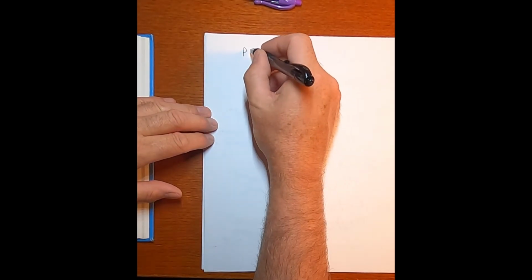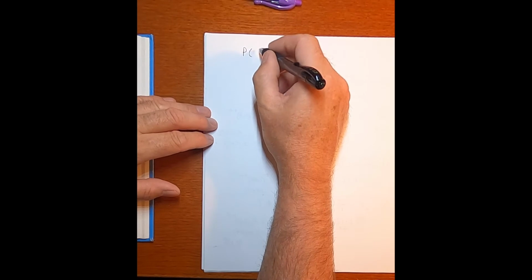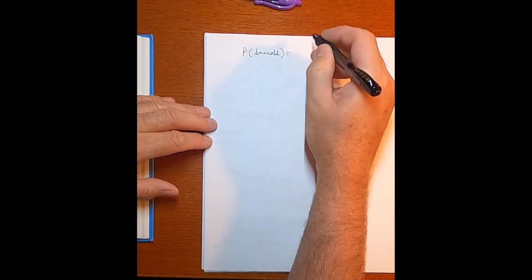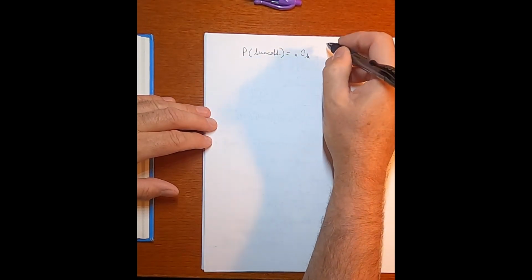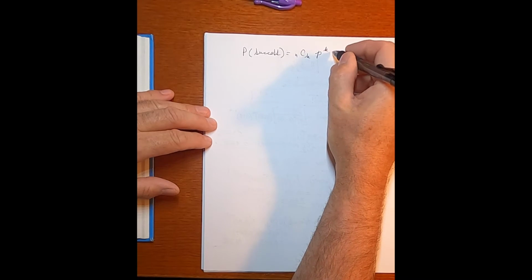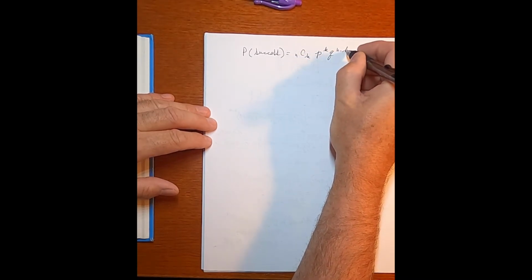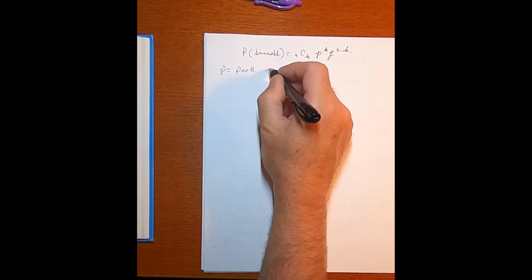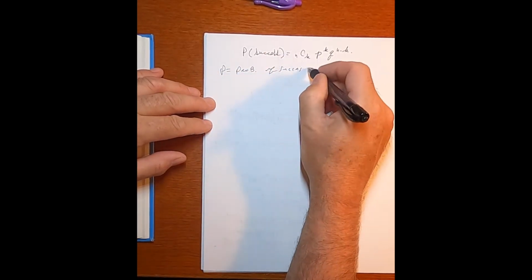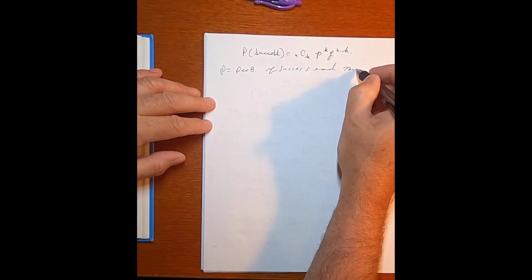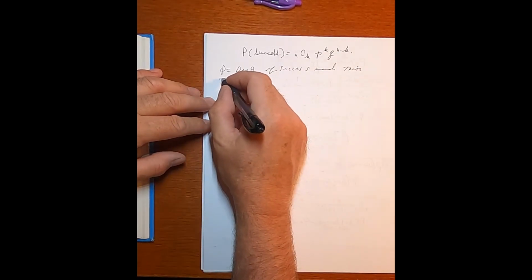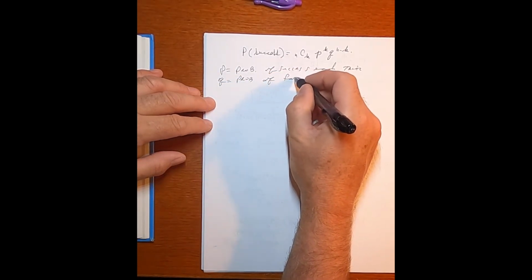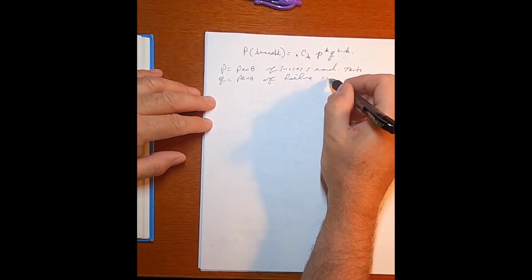We have P of success equals NCK P^K Q^(N minus K), where P equals the probability of success each trial, and Q is the probability of failure each trial.